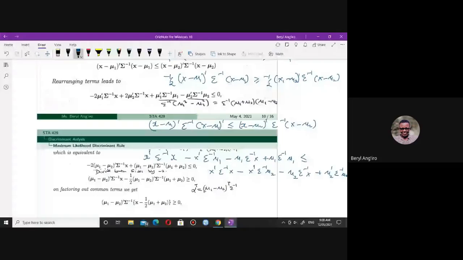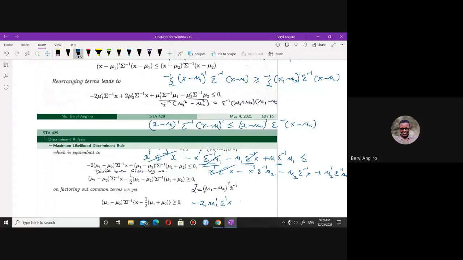So we have this term and this term will cancel, and if the two cancel, then for mu1 and x we have minus 2 of them, these are like terms. So we have minus 2 mu1 transpose sigma inverse x.